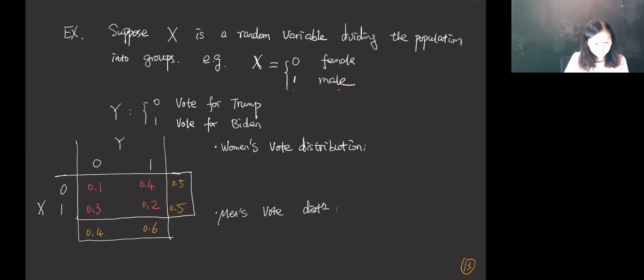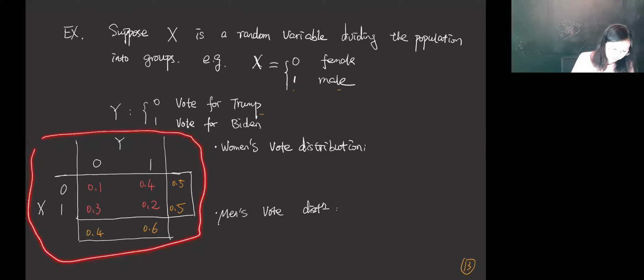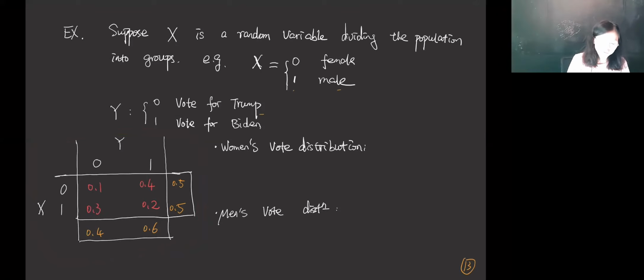So y equals 0 if the person votes for Trump, and y is 1 if the person votes for Biden in the general election. Suppose that their joint distribution can be described in this two-way table. In this two-way table, we have already calculated the marginal distributions of x and y, and we also have the joint probabilities.